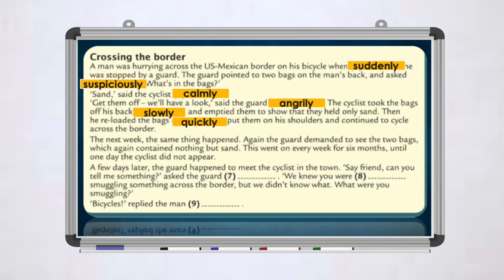If he's asking him, so he is what? Curiously. "We knew you were doing something, secretly smuggling something across the border, but we didn't know what. What were you smuggling?" "Bicycles," replied the man rudely. You see how we change the adjective into an adverb easily?